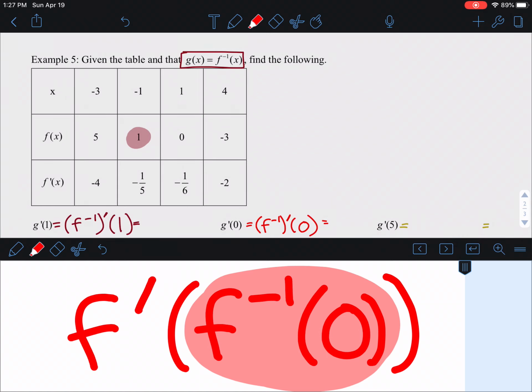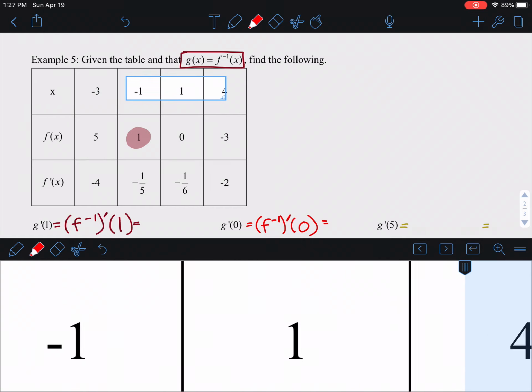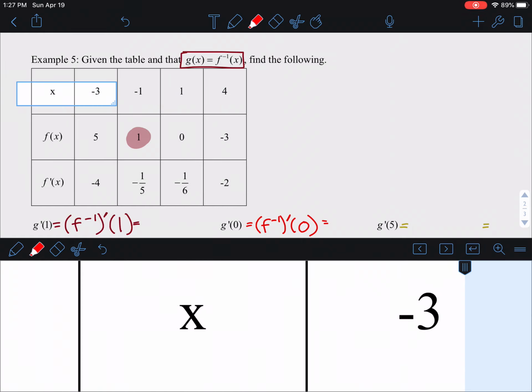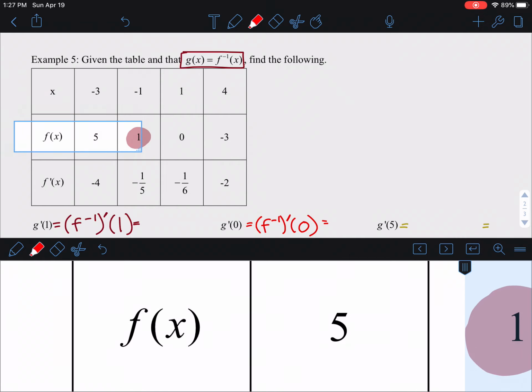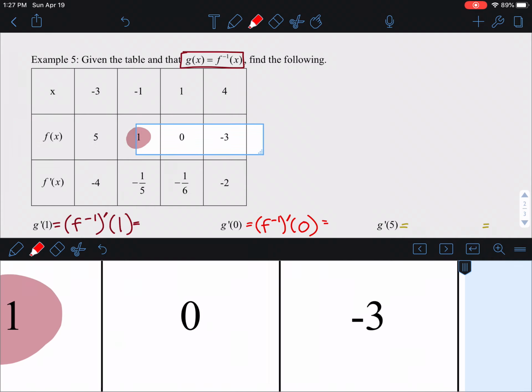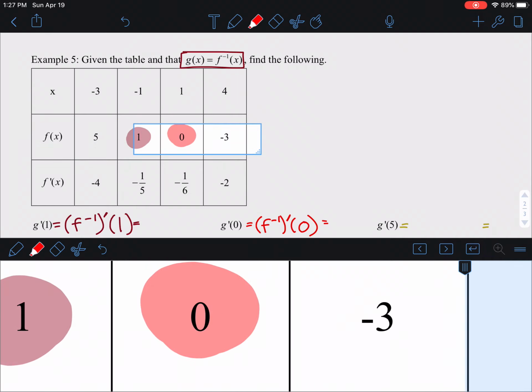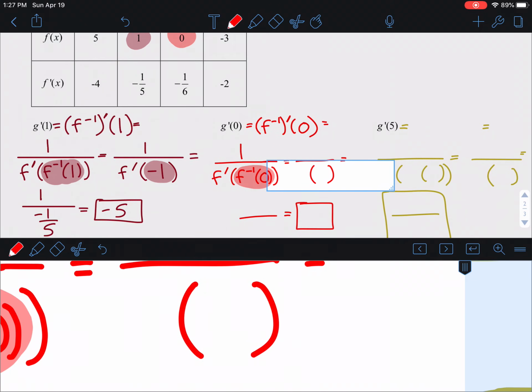We look here and we're going to notice that, hey, 0 is not even an option in the x column, right? Which is good for us because we're not trying to look at the x column. I keep saying column when I should be saying row. Sorry about that. We want to look at the f of x row, and we see that f is 0 when x is 1. And so that's going to be my output here. It is going to be 1.